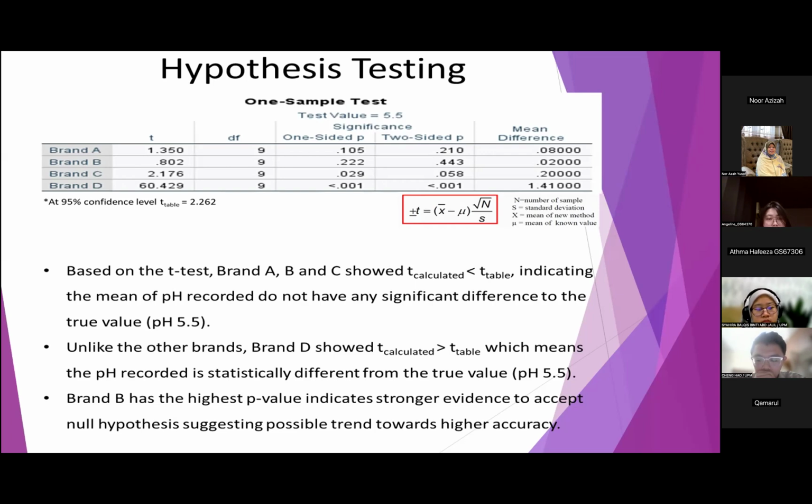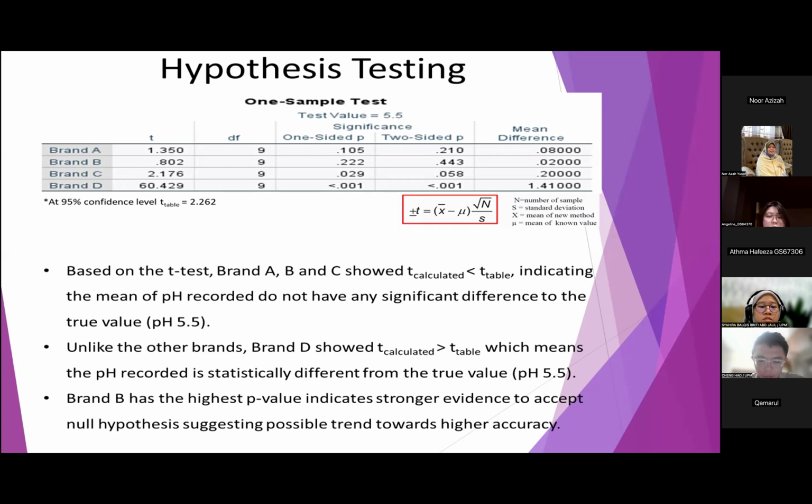By comparing the calculated t value to the t from the table, which is 2.262, we can see that brands A, B, and C have a calculated t value less than the table value, which indicates that there is no significant difference from the true value of 5.5. Whereas for brand D, the t value of 60.429 is obviously more than 2.262, which means that it is significantly different from the true value of 5.5.